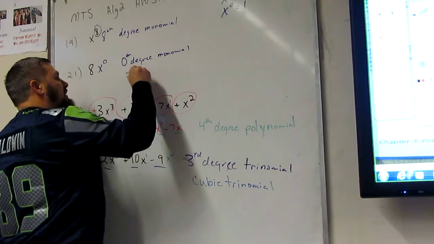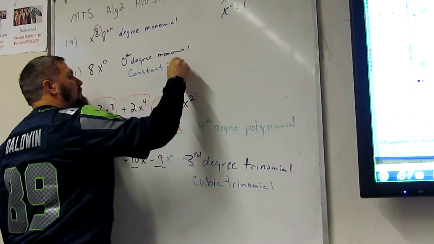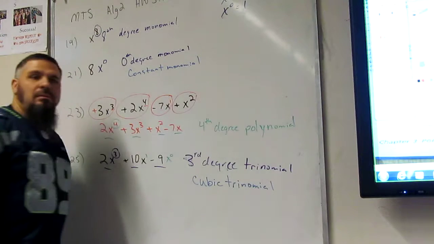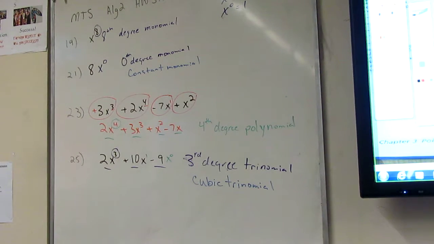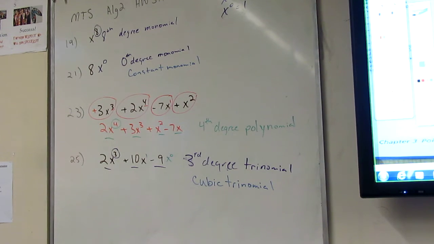It's a constant monomial. It's not linear. We don't call it linear, we call it constant. It's a constant monomial. Questions?